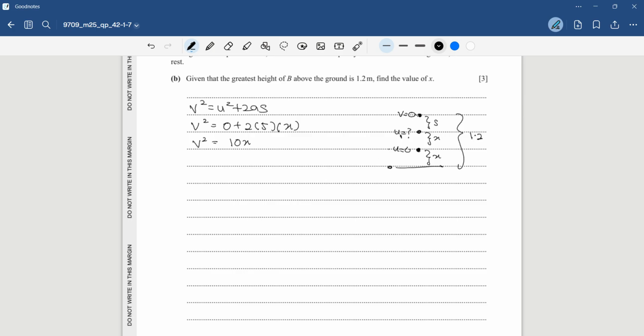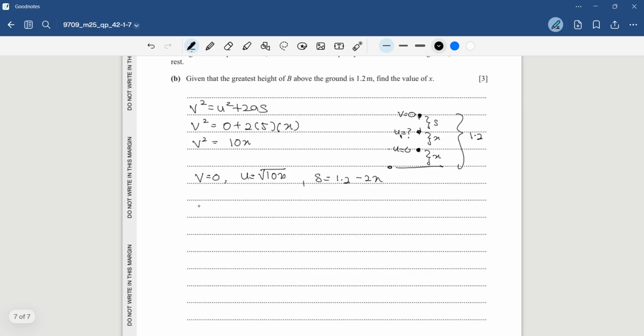And at this point, my v equals 0 and my u equals the square root of 10x, from these two points. And my s will be the total, 1.2 minus 2x.